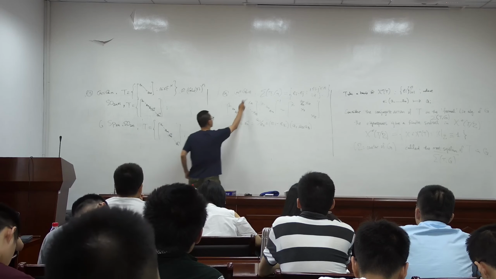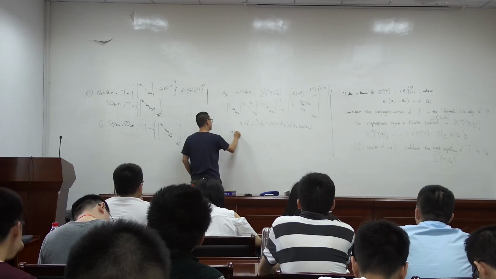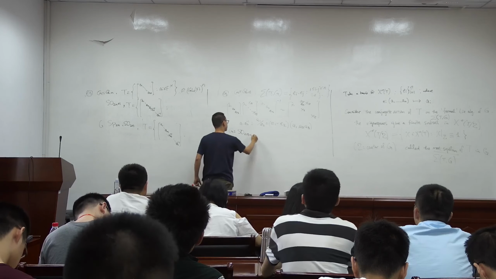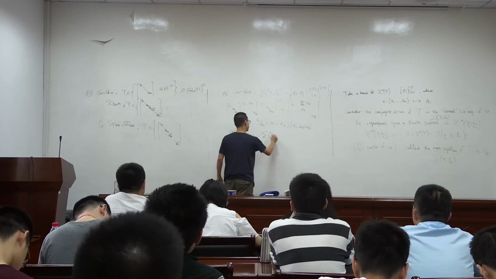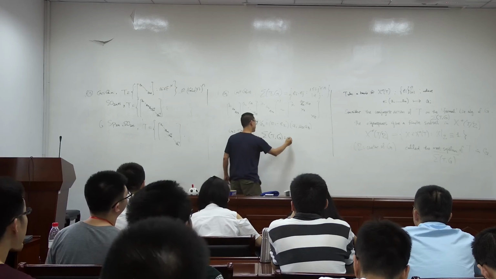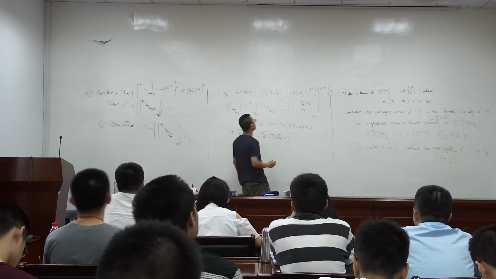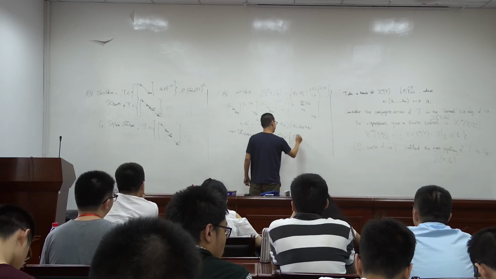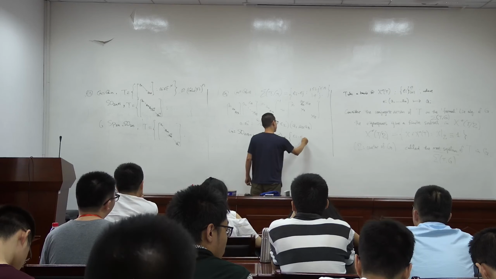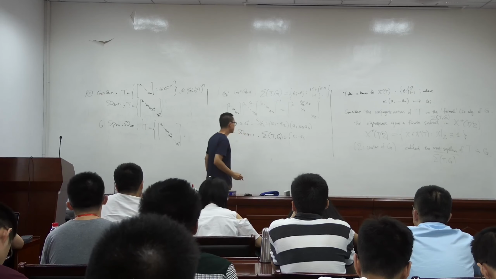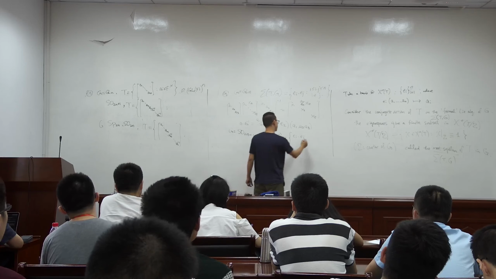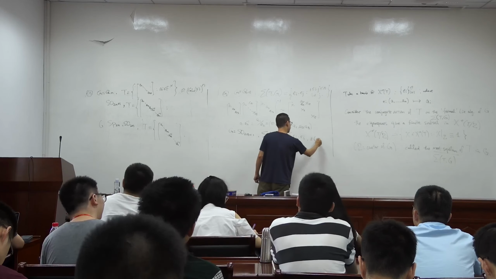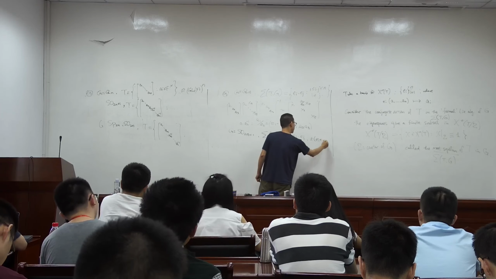So this is for the general linear group. For the odd special orthogonal group, I'll just give you the answer, and you can check it as an exercise. So all these EI minus EJ, we also have plus or minus EI plus EJ.